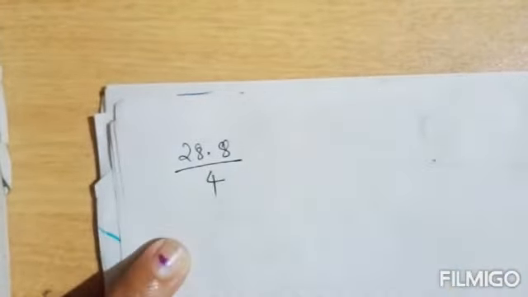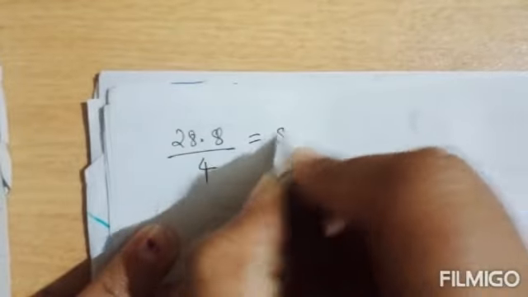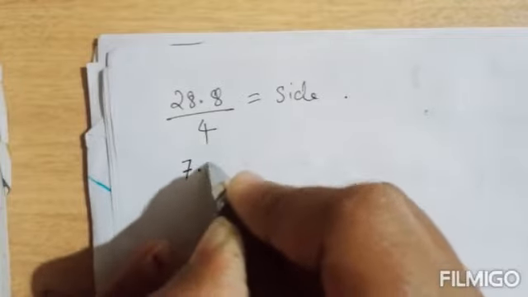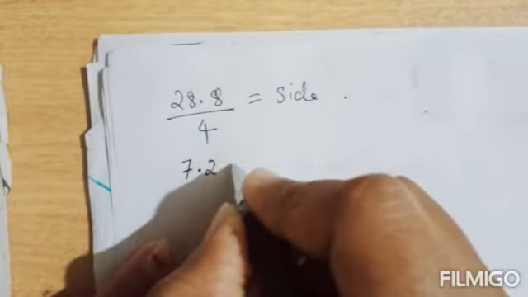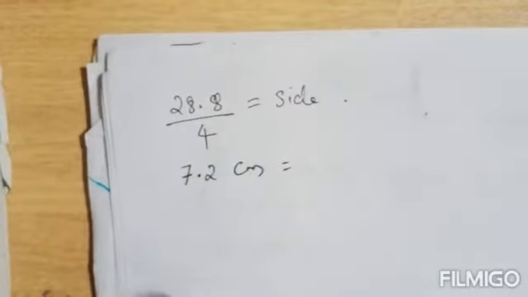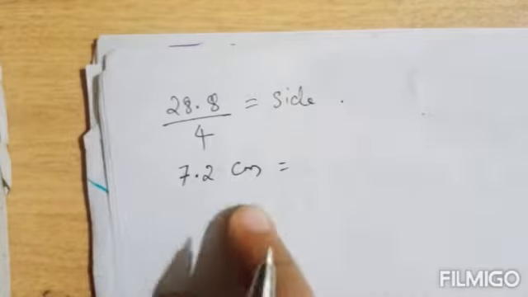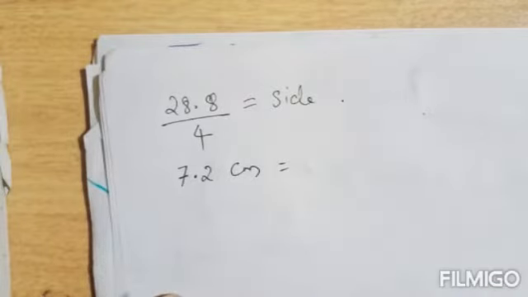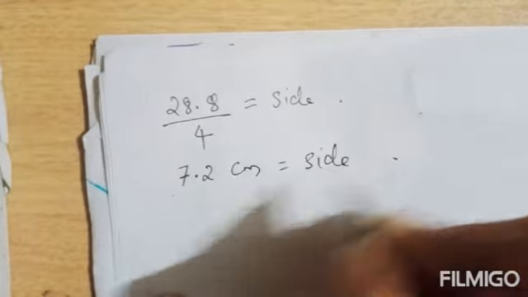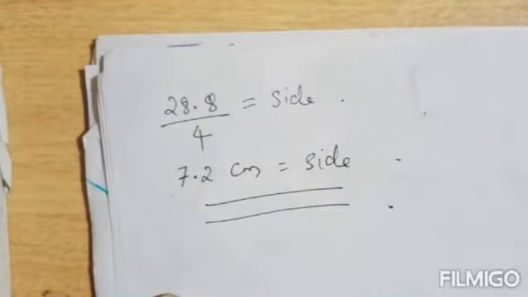Now on dividing, what will you get? It is 7.2 centimeter. The side of the equilateral triangle is given in centimeter, so the side of the square will be in centimeter only. So the side of the square is 7.2 centimeter.